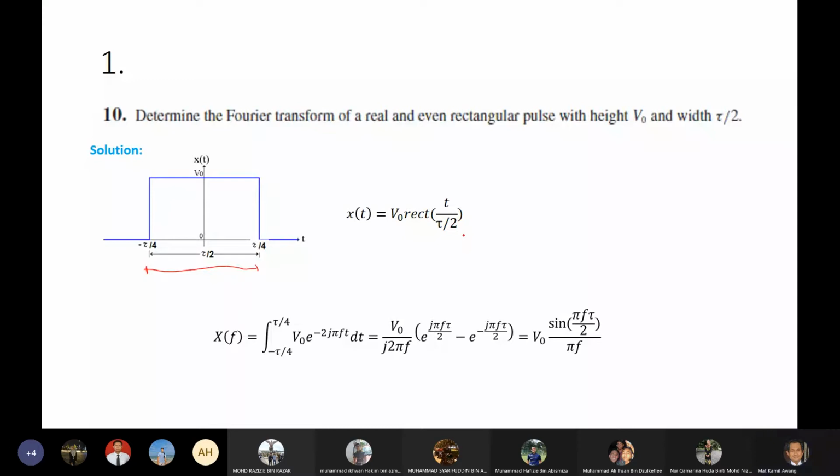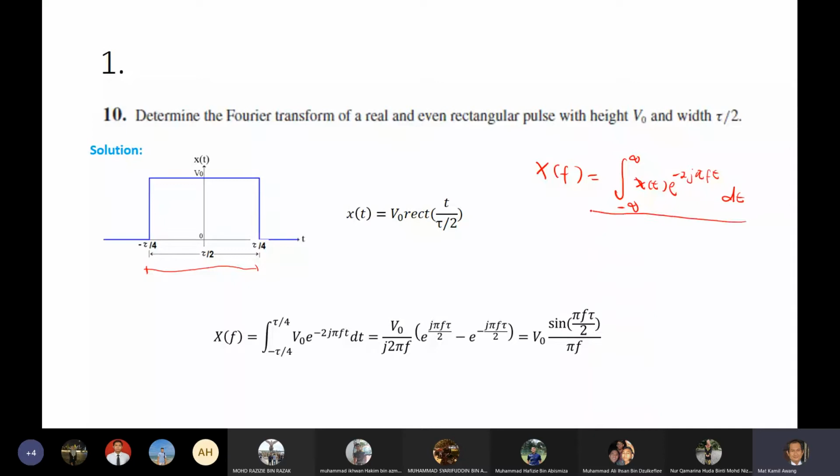When you want to do the Fourier transform, you set up this equation. X of f is equal to the integration from minus infinity to infinity of x of t e to the minus 2j pi ft dt.